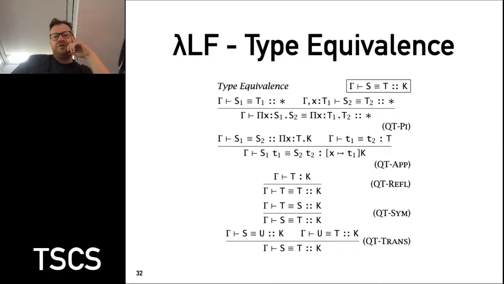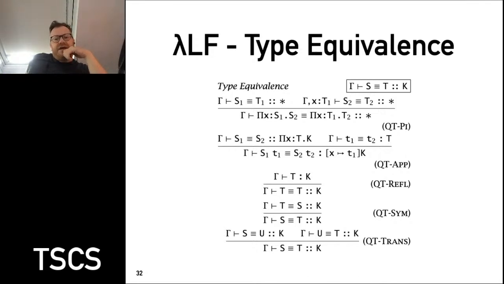and that should be considered equal to a dependent type, a pi type that is taking T1 and has a body of T2, and this is of proper kind, the whole output of that.